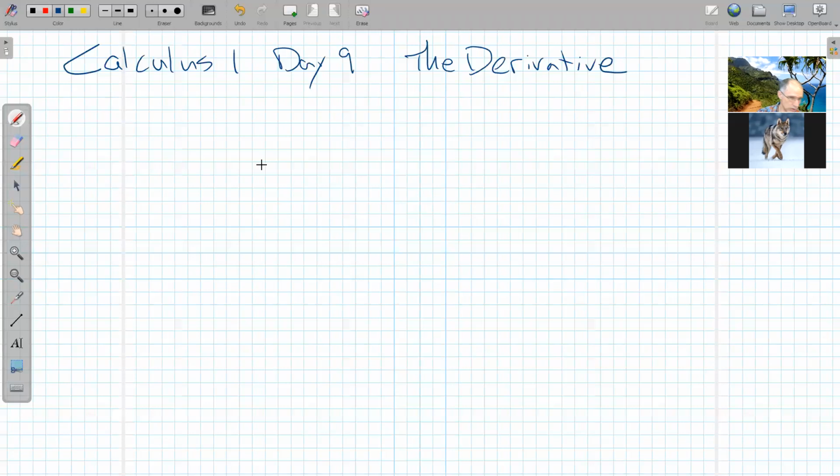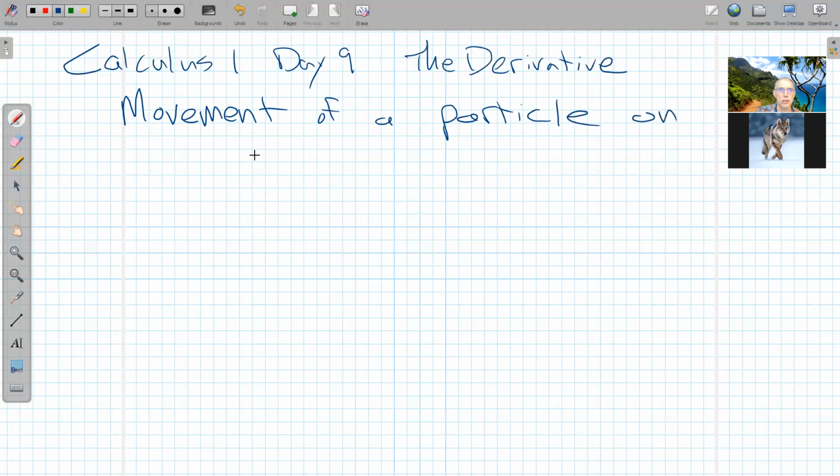So we're going to look at a couple of examples. So let's look at some movement right now, on a straight line. So we're watching this thing move, and it's moving on a line, but kind of speeding up, slowing down, backing up, things like that.